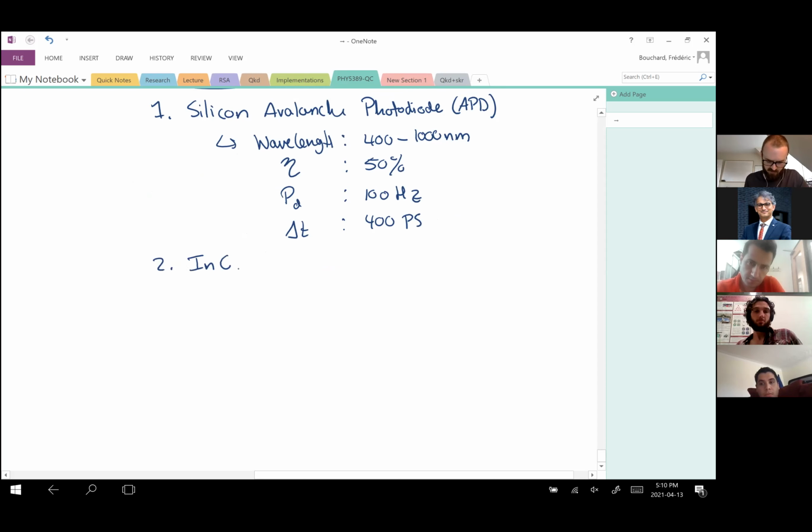For telecom wavelength, you'd use InGaAs APDs. That would be for 1550.